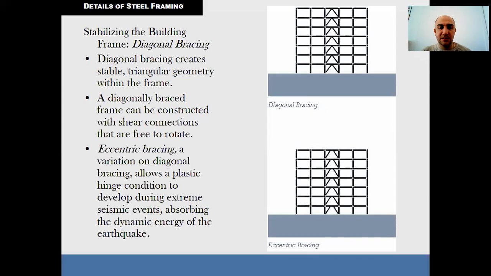The beams and columns of the frame carry the vertical loads, and the bracing system carries the lateral loads. So if there are only static loads acting from top to bottom, maybe there is no reason to use the bracing frame.